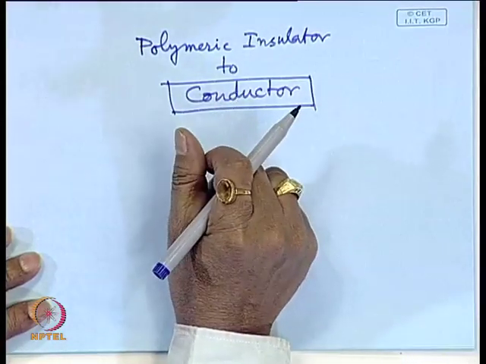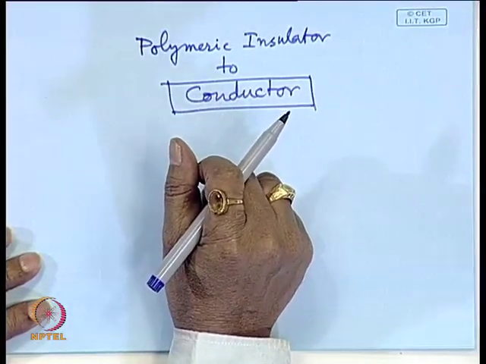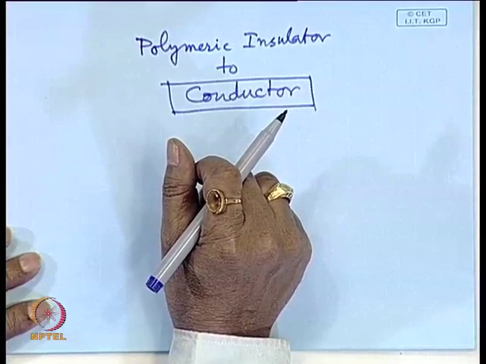Polymers are organic molecules made of carbon, hydrogen, nitrogen, oxygen, with covalent bonds. Materials with covalent bonds are not supposed to be electrically conducting, because there is no availability of free electrons. So, these are not conductors.